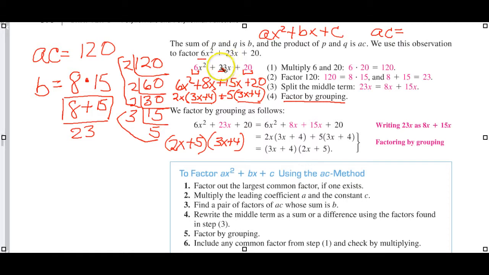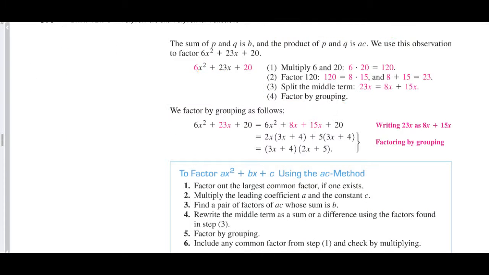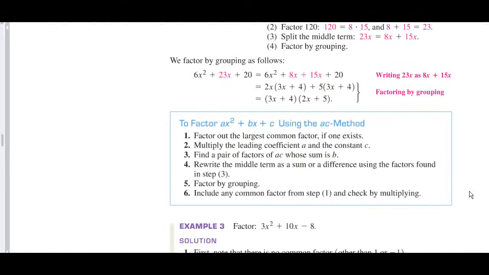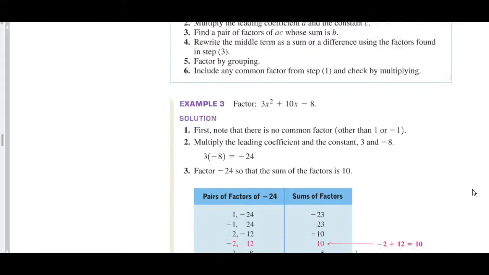Divide the B into its two parts. These are equivalent. Then factor by grouping, and that's the technique. And this is what is described right here. And how do you check? You check by foiling. Now, if you need to go back and see it again, that will be fine.